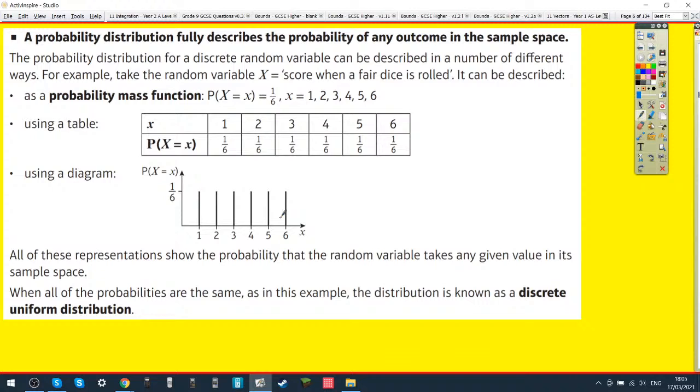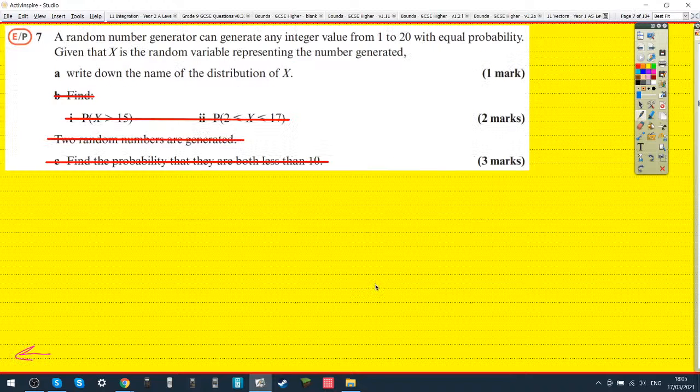Maybe diagram is better, the curves, the normal distribution curves. All of these representations show the probability takes values. These are all the same probability, a sixth, and so that's called discrete uniform distribution. Heads or tails, a half and a half, is a discrete uniform distribution as well.